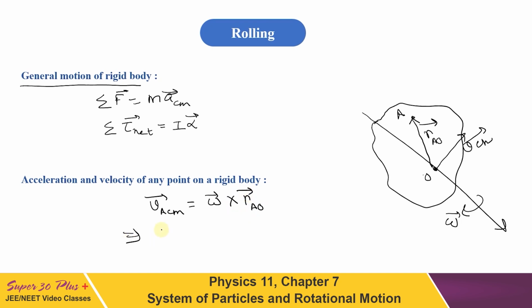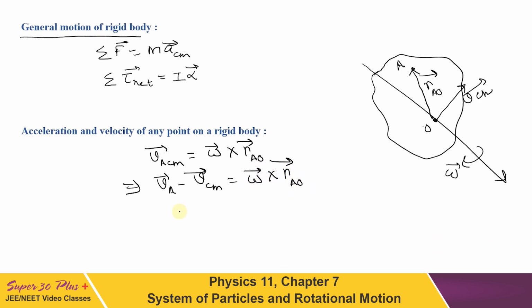And from here V_A/CM can be written as VA minus velocity of CM, that has to be equal to omega cross RAO, which will give VA equal to VCM plus omega cross RAO. This is how velocity of any point A can be described. It is equal to velocity of center of mass plus omega cross RAO term.